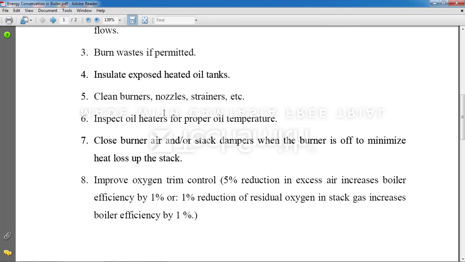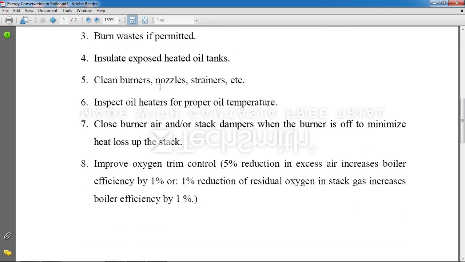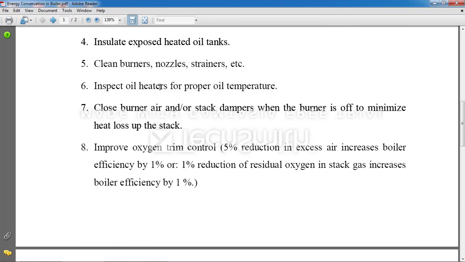Next point, insulate exposed heated oil tanks. These oil tanks come in whenever we are using a diesel generator set, a boiler which is supplied by a diesel power plant. So over there you will need to insulate the oil tanks, right?